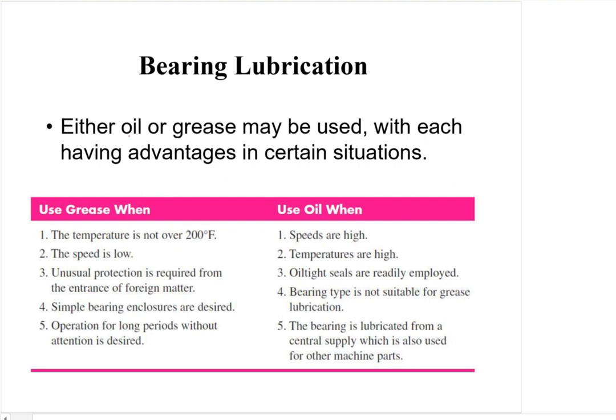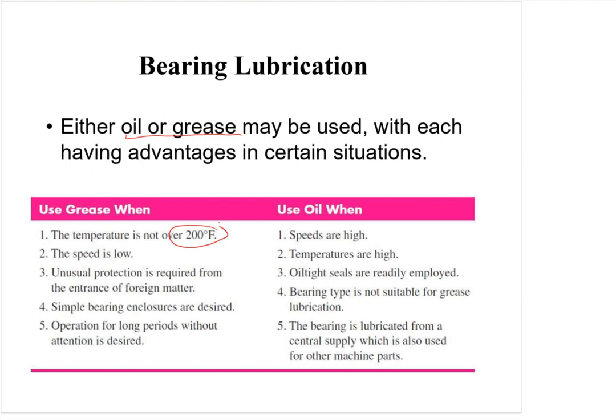Again, as I mentioned in the previous slide, oil or grease can be used. Here's the guidelines for when to use grease and when to use oil. The biggie is temperature. Once you get over 200 degrees, your grease will basically liquefy.